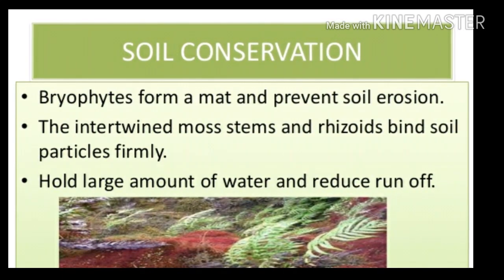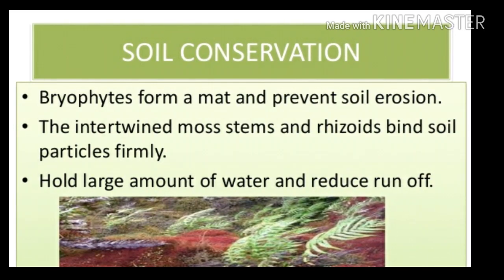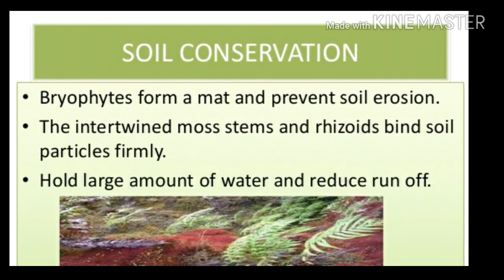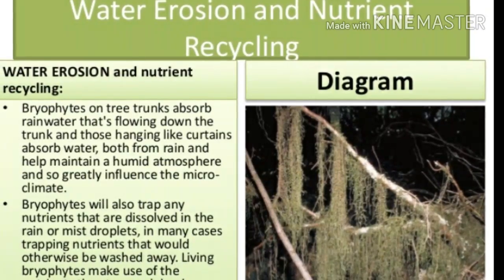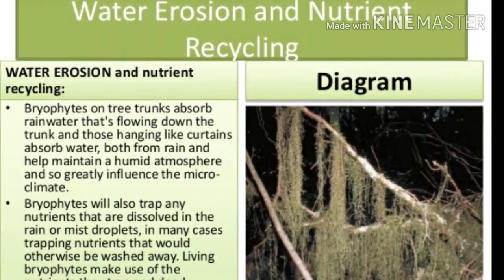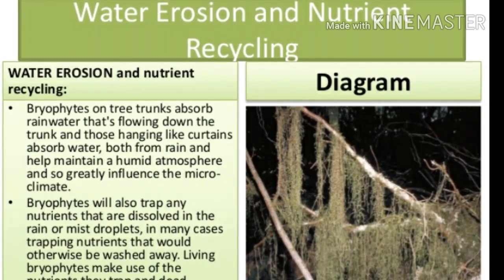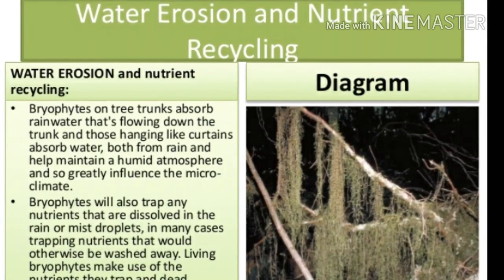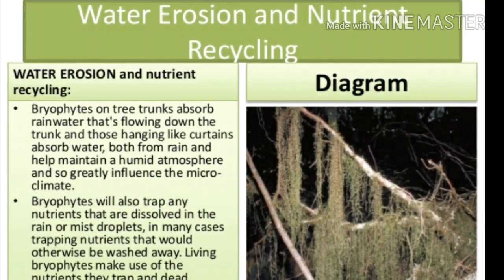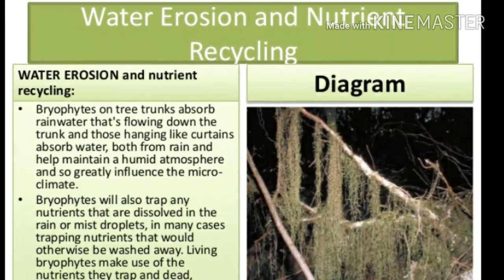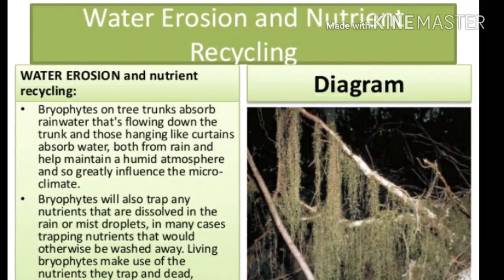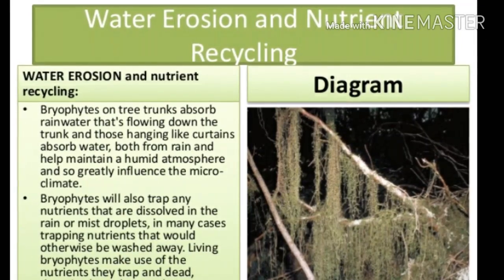We come to the next slide: water erosion and nutrient recycling. As you can see, these structures trap nutrients from water droplets or running water. By this they make a humid atmosphere or give nutrients back to the biogeochemical cycle.